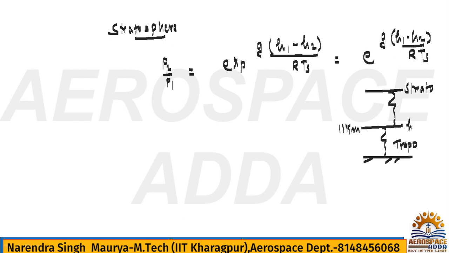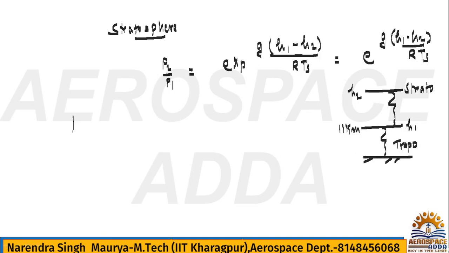Now your H1 is here and H2 is here. Always remember H1 will be 11 kilometers, from where the stratosphere starts, and H2 may be 15, 16, 17, 20, or 25 kilometers, maybe anything. But H1 must be 11 kilometers. So this is the pressure variation.